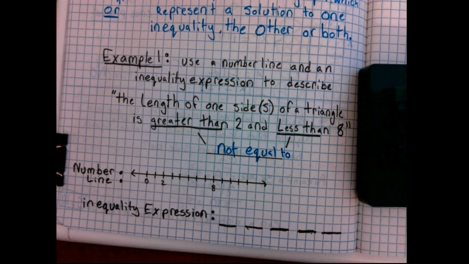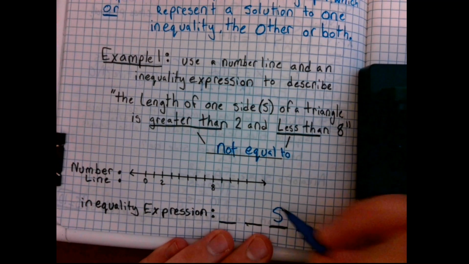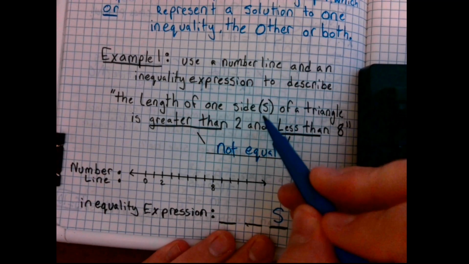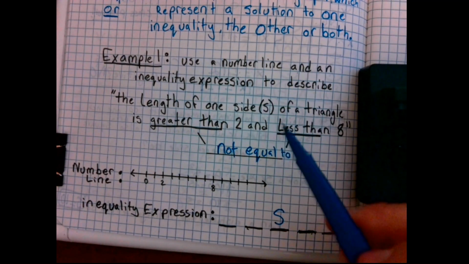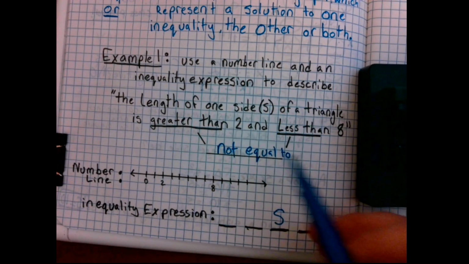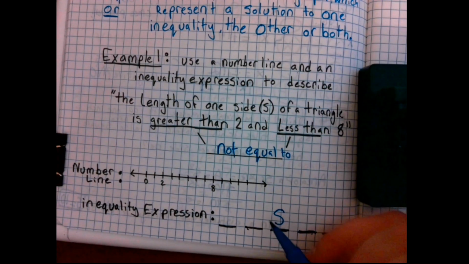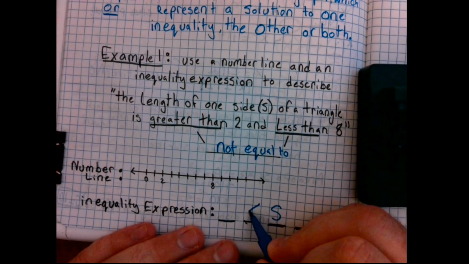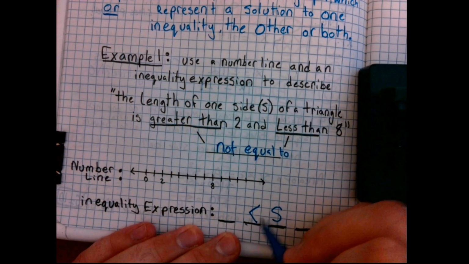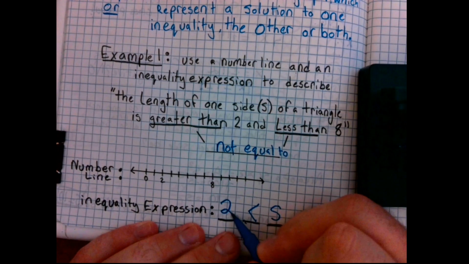And then let's write our inequality. Now in the middle we're going to have our S for side S. Now we know that the side S is greater than 2 and less than 8. So greater than 2 means that S is going to be greater than, meaning the big part of the inequality is going towards the S, 2.